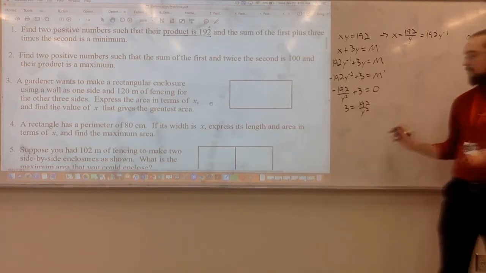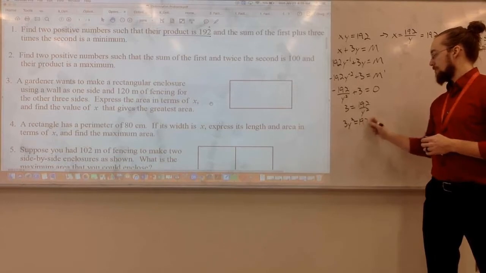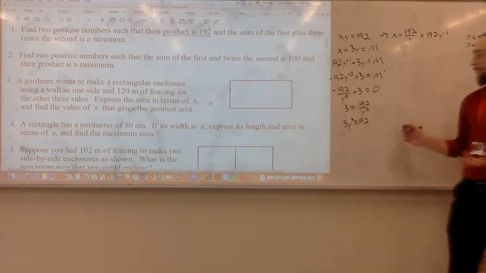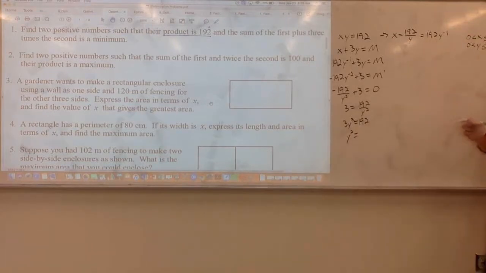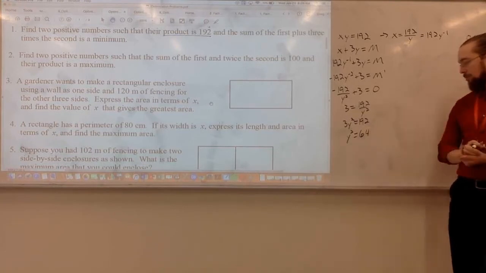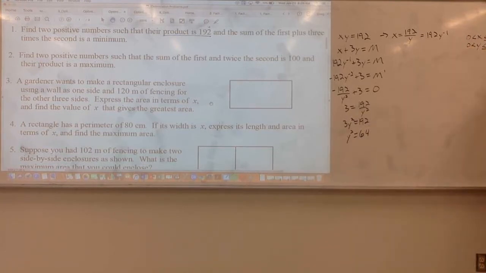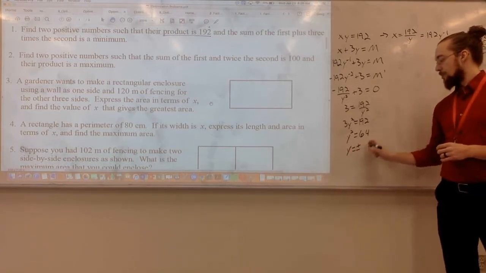Cross multiply. Divide by 3. That's 192 divided by 3. It is 64. Square root, so we would get y equals plus or minus 8.